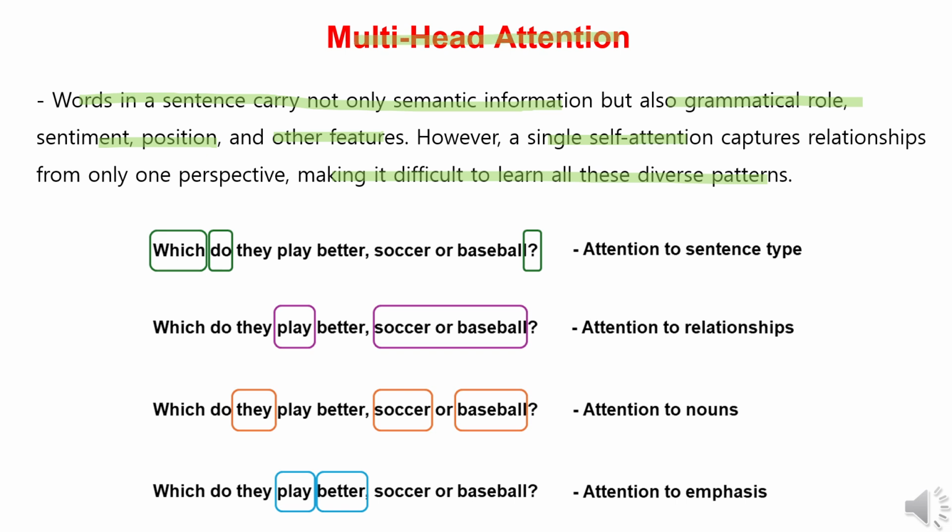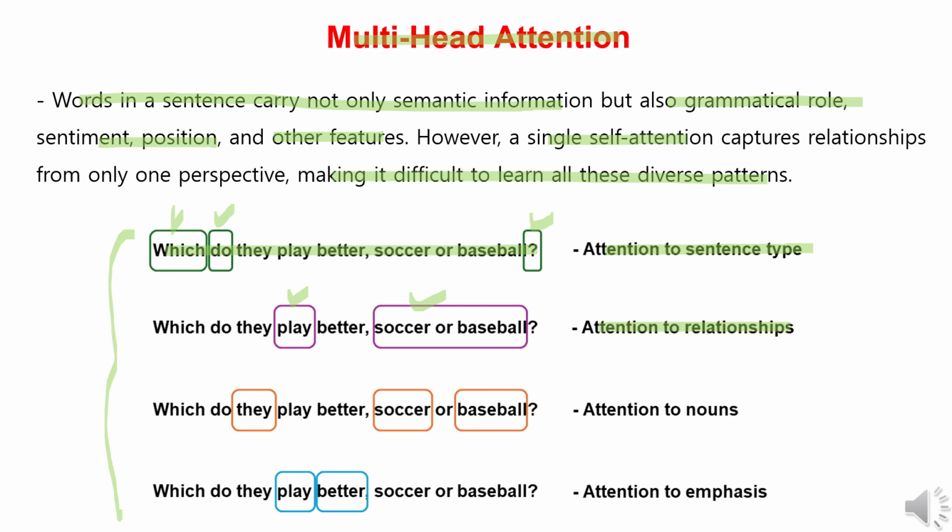For example, in the sentence, "Which do they play better, soccer or baseball?" one attention head might focus on words like "which", "do", and the question mark to recognize that the sentence is a question and identify its sentence type. Another head might focus on the relationship between "play", "soccer", and "baseball" to capture the semantic connection between an action and its objects.